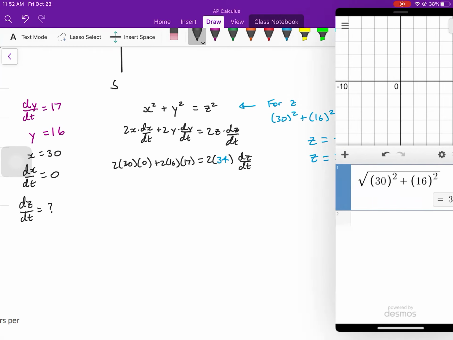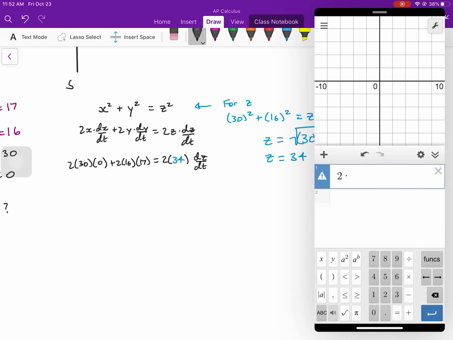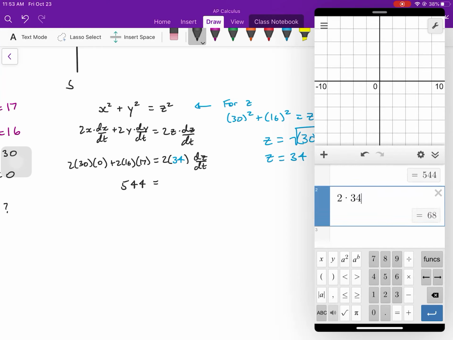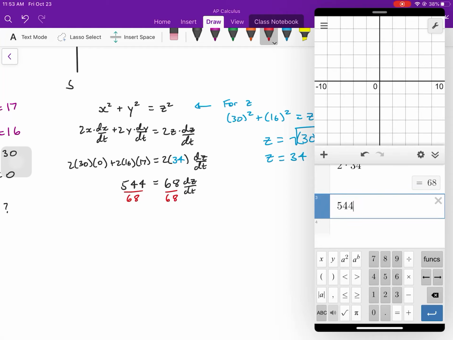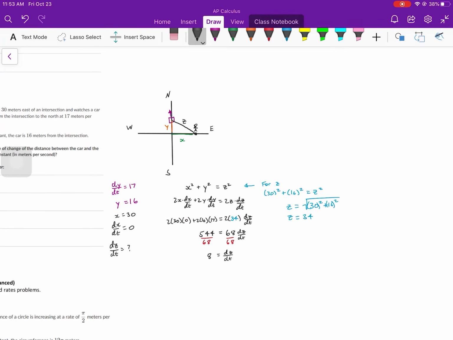So let's go ahead and calculate some of this. So we have 2 times 16 times 17. It's 544. And then 2 times 34, 68. So we'll divide the 68 to the other side to get 8. So that distance between the car and the person, the change in z here, is going to be 8.